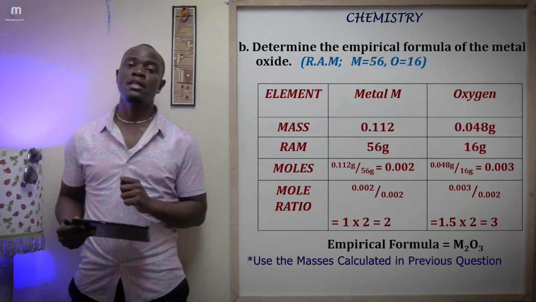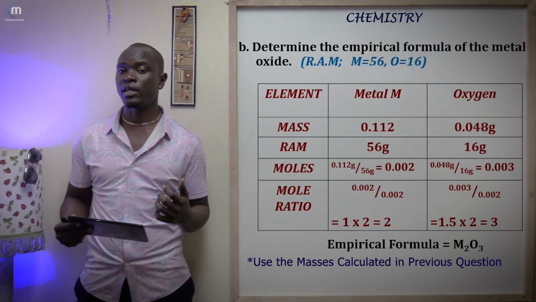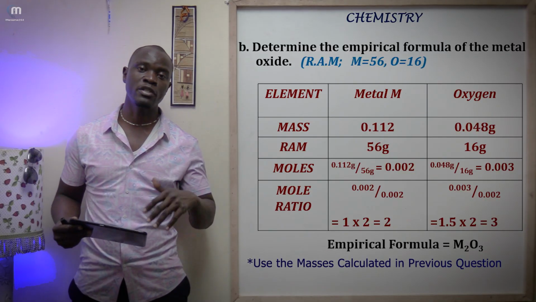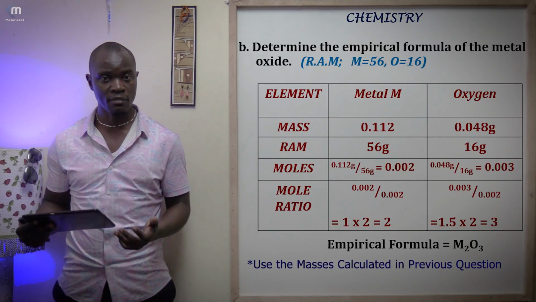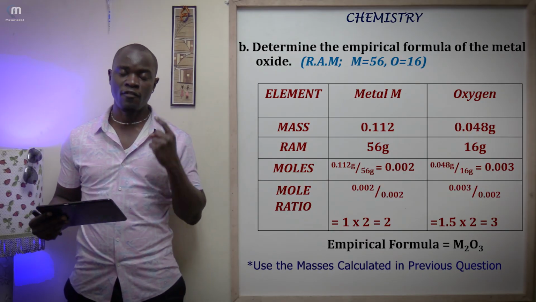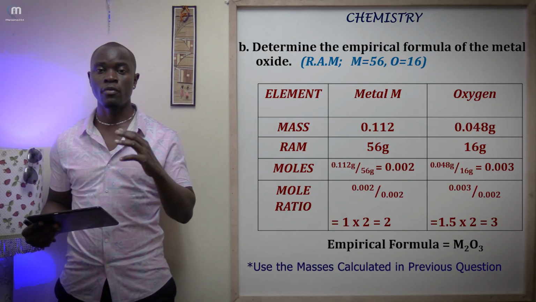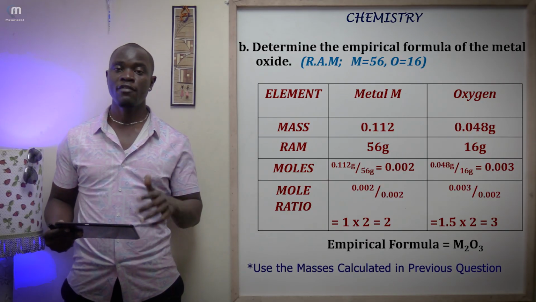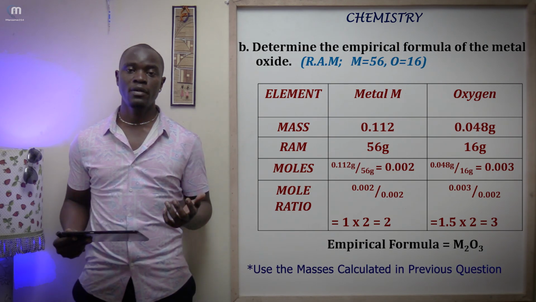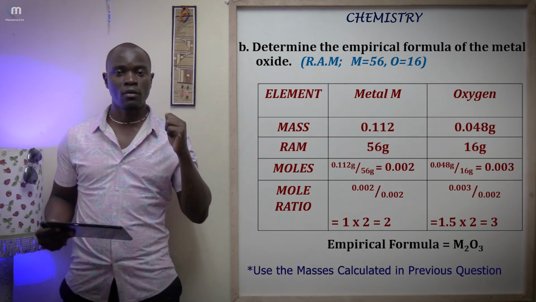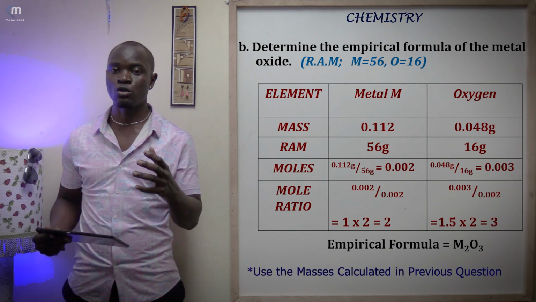After that, we calculated the mass of oxygen and found it was 0.048 grams. That is always the first step in empirical formula, apart from writing the elements. Never forget that. After writing the elements, always write the masses that you have been given.